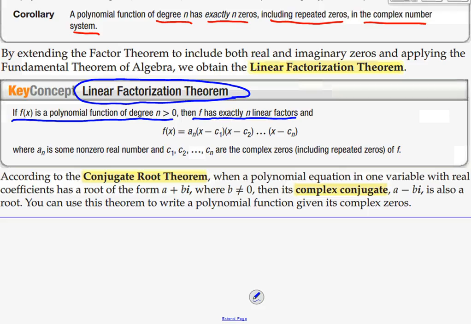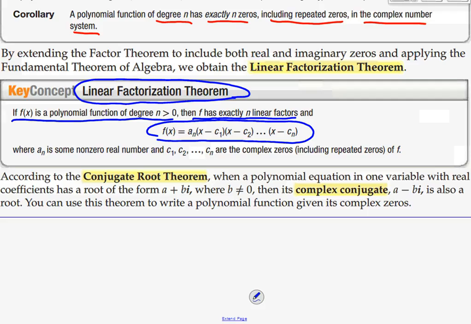And remember, we can always multiply by some number out in front, like multiply everything by 2. And so that is f of x equals a sub n, and a lot of times a sub n will just be 1, times x minus c1, x minus c2, dot, dot, dot, x minus c sub n. So we're subscripting all these, and that's helping us determine how many there are.